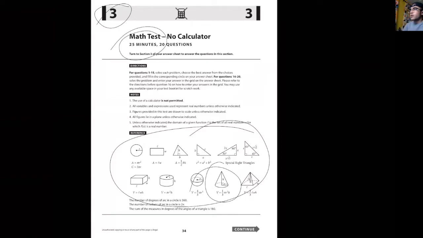Wait, do you guys want me to put it on the screen, or is it fine if I have it on my phone? Is it better if I have it on the screen? All right, okay, cool. If screen is better, I will do as you guys ask. Let me pause my share. All right, God bless. 25 minutes, right? Ready?